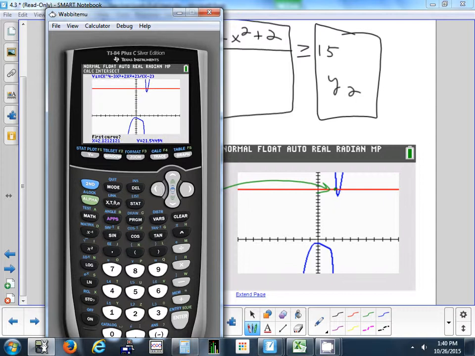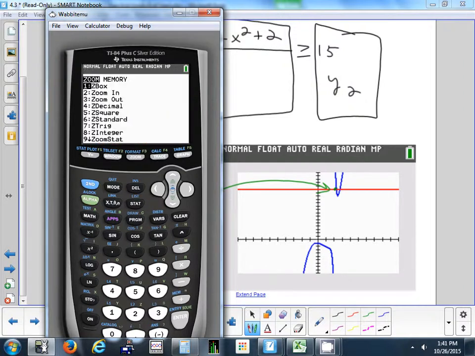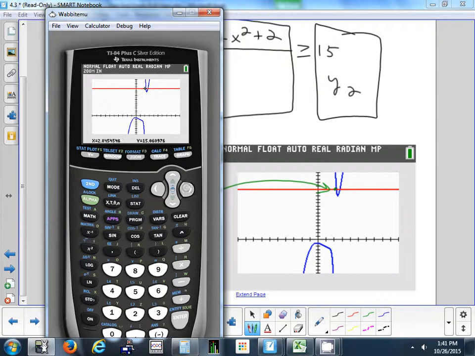So let me do that again. Pick a point on the blue curve, pick a point on the red line, and do our guess. To me it looks like it's getting the one that's further to the right. So I'm going to zoom in. It's so close on the screen I can't get them separated.